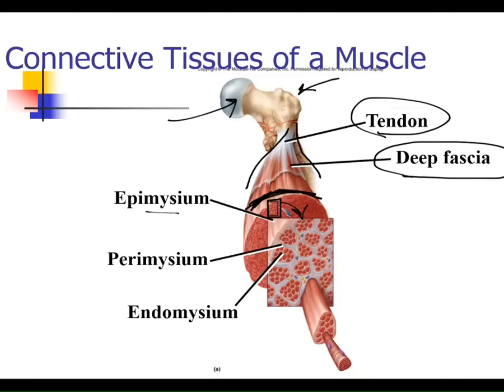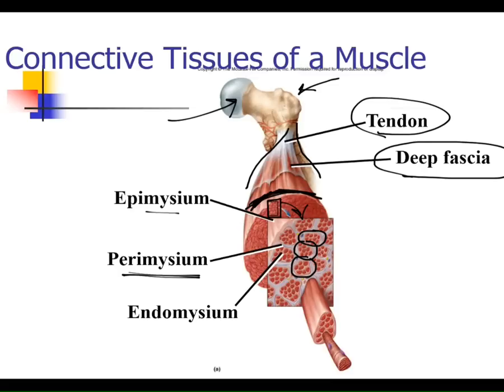Again, it's in addition to the deep fascia. Then, if we look inside muscle, we will be struck that the muscle is made up of bundles. Each of these bundles, there's a fascicle, there's a fascicle, there's a fascicle. That's a bundle, a fascicle. And each fascicle is surrounded by a layer of connective tissue called the perimysium.